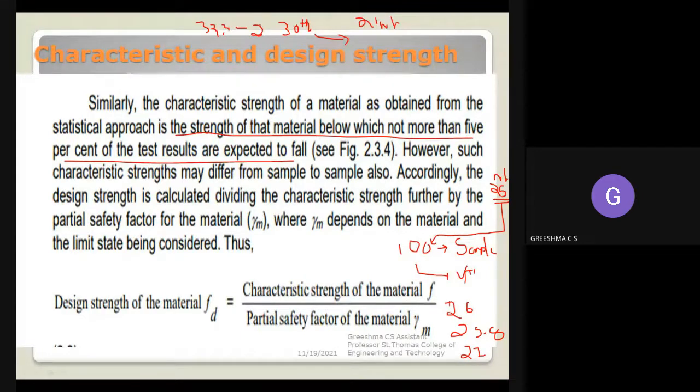If I have prepared 100 samples of 25 Newton per mm square, then 5% of the samples should not have a value below 25 Newton per mm square. Are you getting my point?